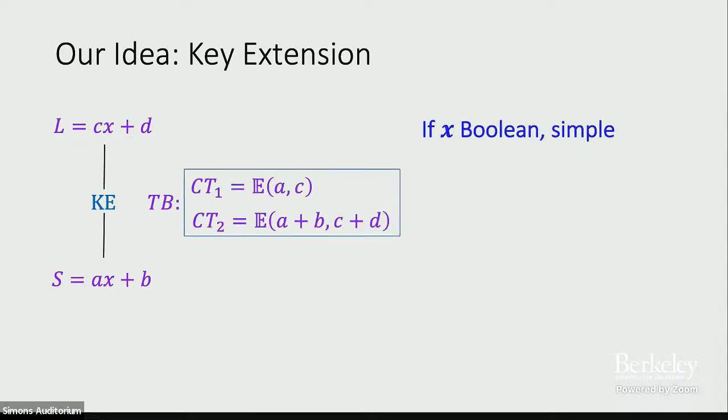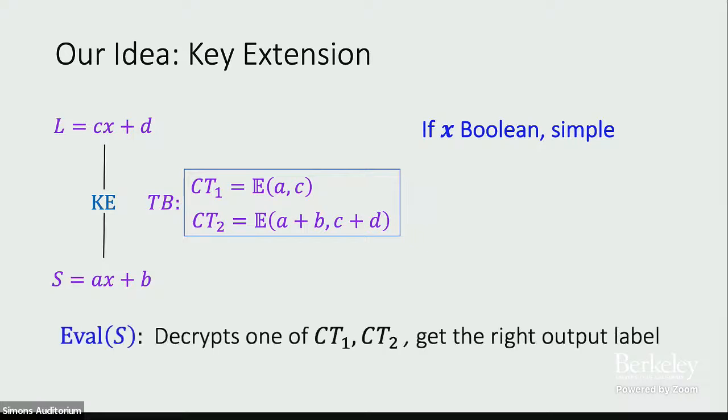Suppose I'm just dealing with Boolean values. I'm not doing arithmetic garbling, I'm doing Boolean garbling. Then the wire value is just 0 or 1. Then key extension is extremely simple, right? Because I know that the short label is either A plus B if X equals 1, or it is just B. Sorry, it should be B. Then all I need to do is match with the output label that I should get, and encrypt them using the corresponding key and the output, right?